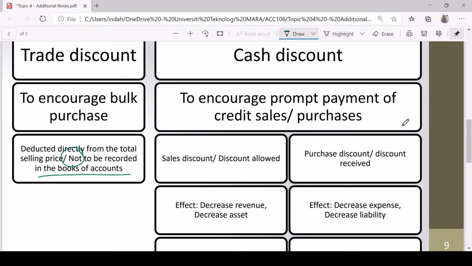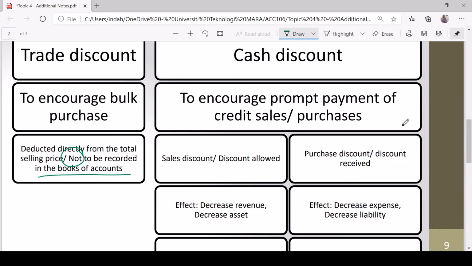Let's say, if you pay within 30 days, we are going to give you a discount of 3%. If we are wise enough, maybe we take up the offer, make the payment at the end of 30 days, and receive the discount.